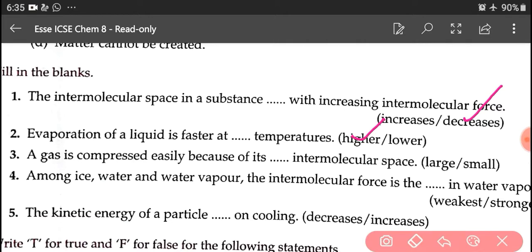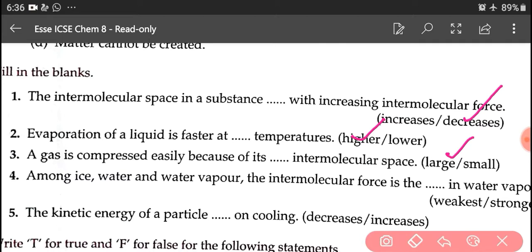And third one, a gas is compressed easily because of its dash intermolecular space. Large is the correct answer. Please tick it. Fourth one, among ice, water and water vapor, the intermolecular force is the dash in water vapor.